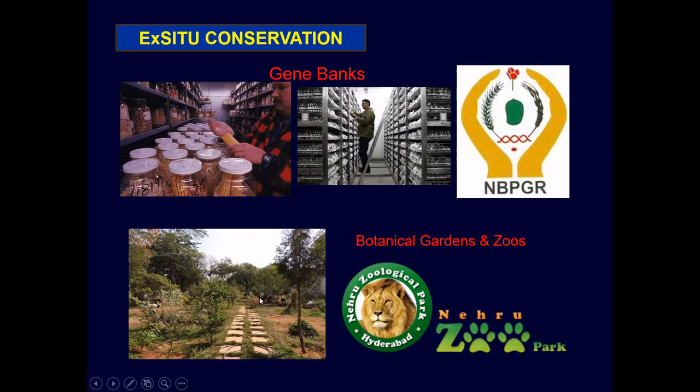Now there is another method called botanical gardens and zoos. In zoos there are animals from different habitats, for example, kangaroos from Australia, rhinos from Assam or Africa, or elephants from Africa, or any part of the world.